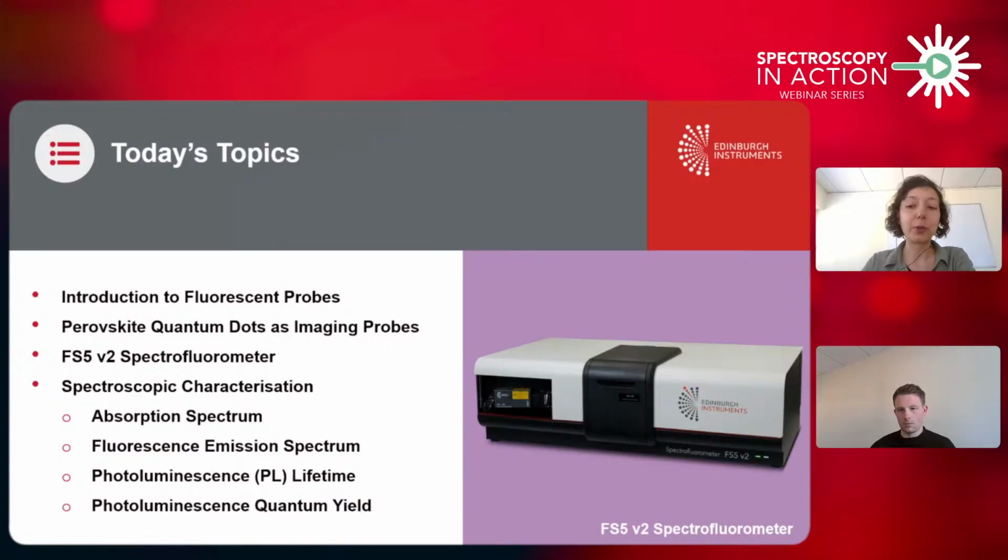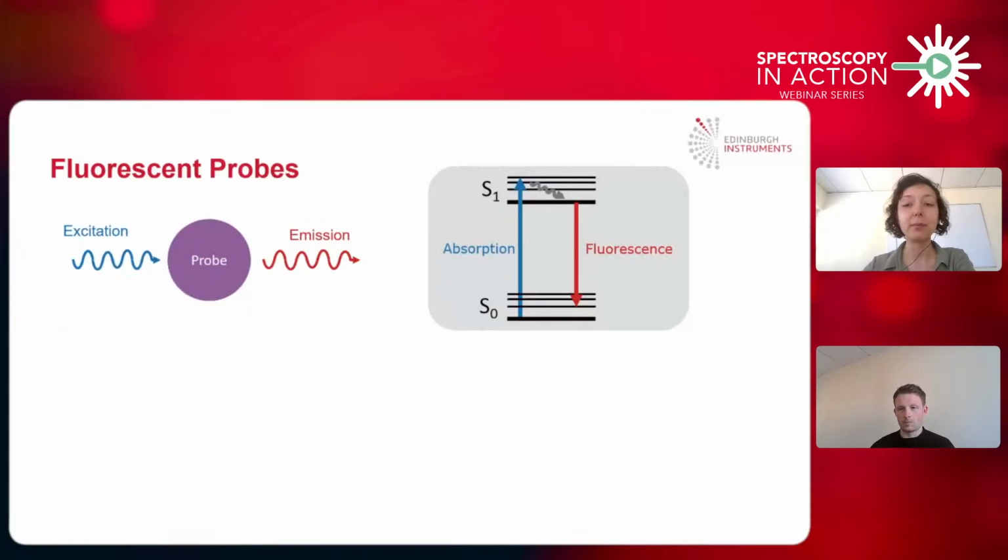We will measure fluorescent probes for bioimaging using absorption and photoluminescence, or PL, spectroscopies. We're going to perform all these experiments in the same instrument, the FS5V2 spectrofluorometer, which is shown here on the right. I'll start with an introduction on fluorescent probes.